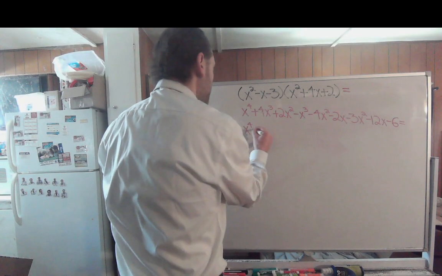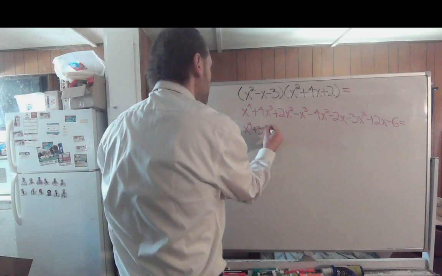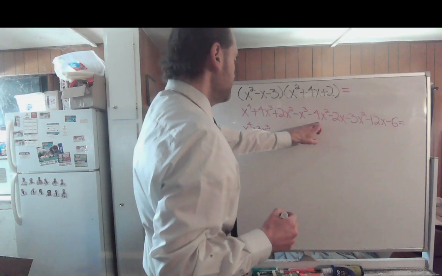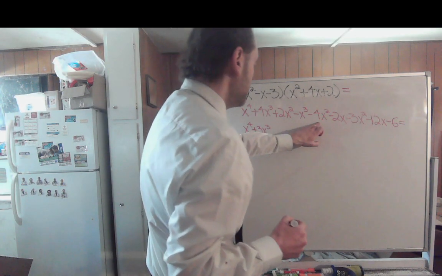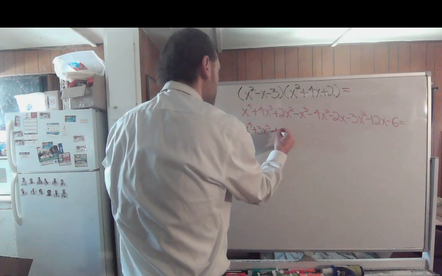Yep, that's all you get. So you'd have plus 3x to the third. See, 2x squared minus 4x squared is negative 2x squared. And then you would end up having minus 3x squared, that's minus 5x squared.